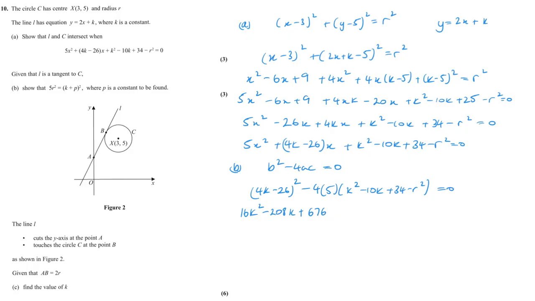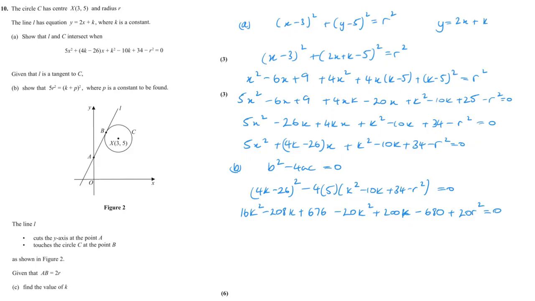Now we've got minus 4 times 5, minus 20, so minus 20k squared. Minus 20 times 10k will be plus 200k. Minus 20 times 34 will be minus 680, and minus 20 times r squared will be plus 20r squared.